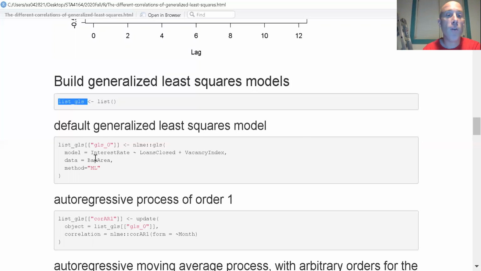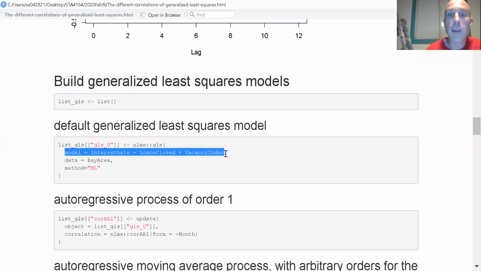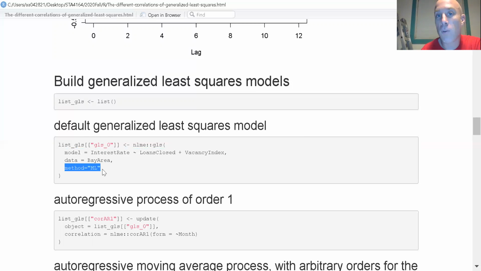My baseline model is just going to be the same formula as my linear regression model, and I'm going to fit by maximum likelihood. There are other parameters in here, but this is what the author of the textbook chose. Do whatever works best for you, whatever you feel most comfortable with. Look at the help documentation and see what your options are.